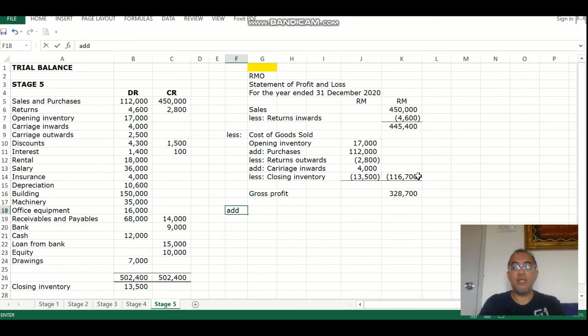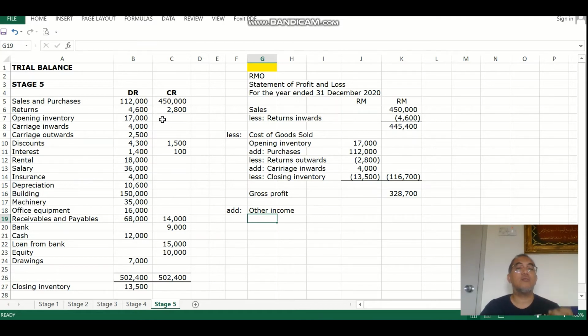So I add now, if any, our other income. So do we have other income? To find other income, just look at your trial balance and look at the credit side, because revenue will always be at credit.